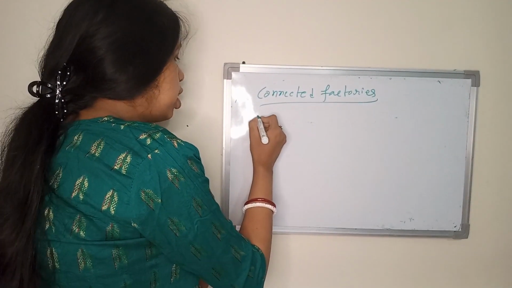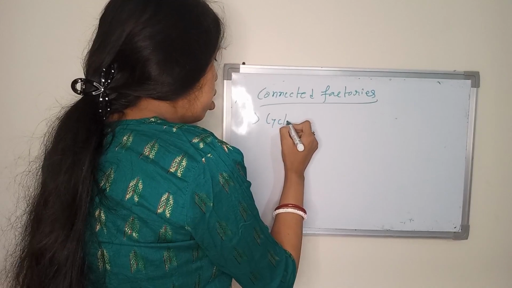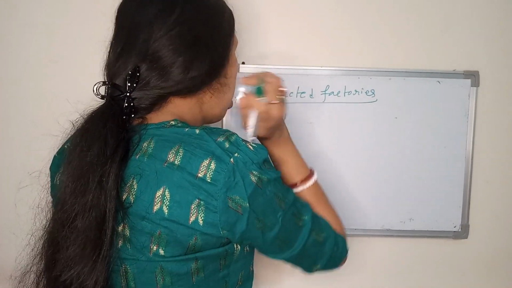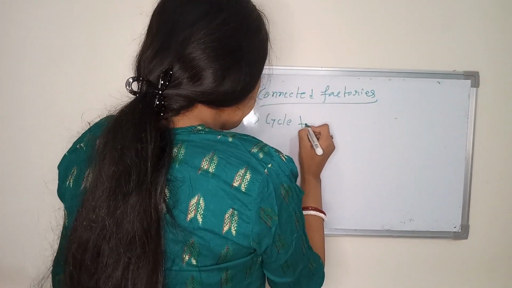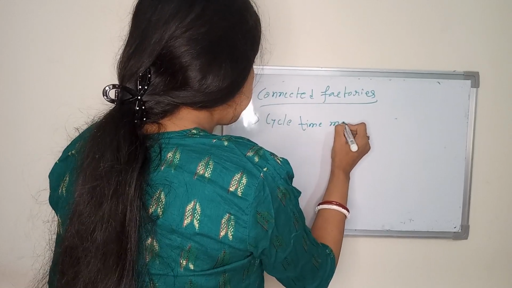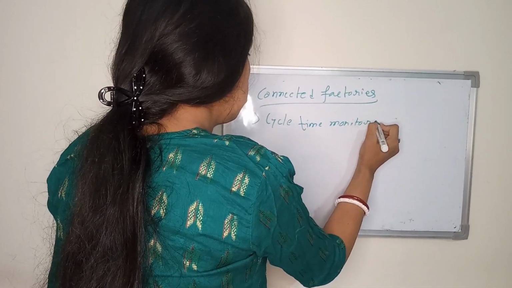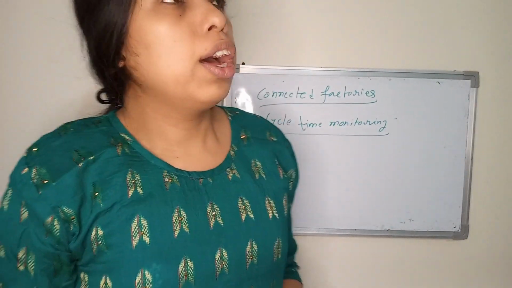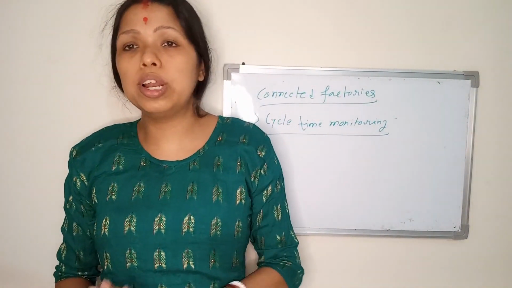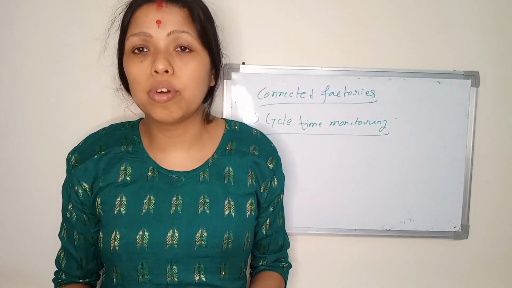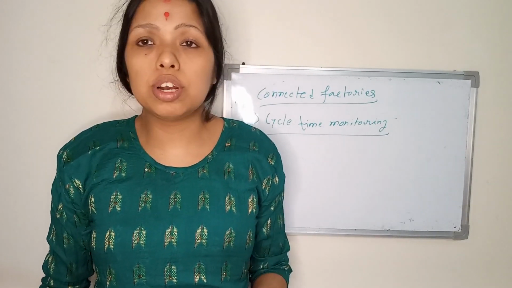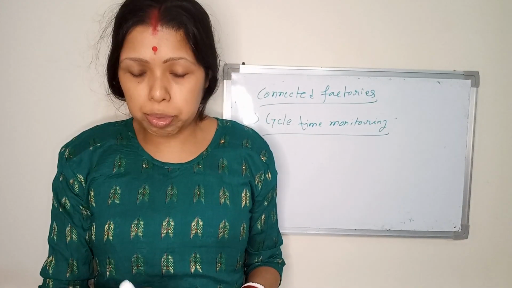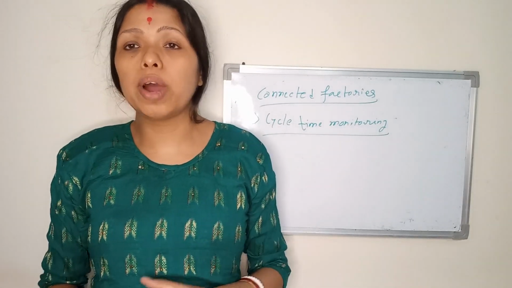First is cycle time monitoring. Suppose in a factory lots of machines are available, and you want to check whether a machine is working perfectly or not.